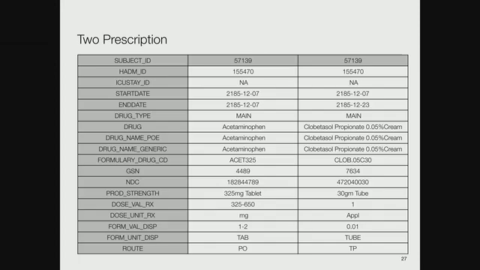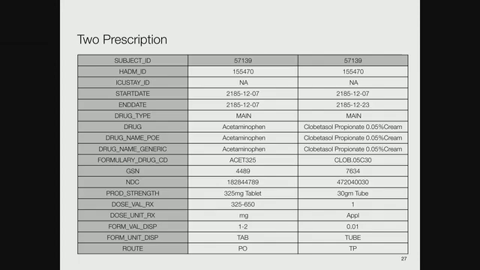There's the National Drug Code, which is an FDA-assigned 9-digit code that specifies who made the drug, what form it's in, and what its strength is. Then there's a human readable description that says Tylenol comes in 325 milligram tablets, and this clobetasol comes in 30-gram tubes. And the dose is supposed to be 325 to 650, i.e.